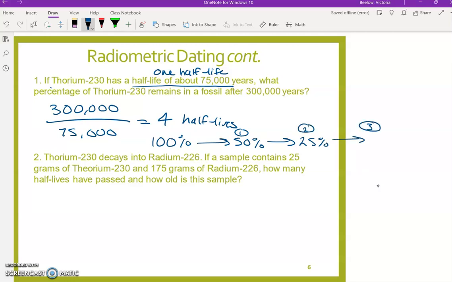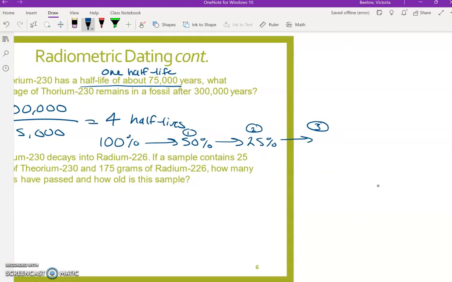If another half-life has passed, half of 25 is 12.5%. And then a fourth half-life, which is what I'm looking for, half of 12.5% would be 6.25%, which would be our answer.